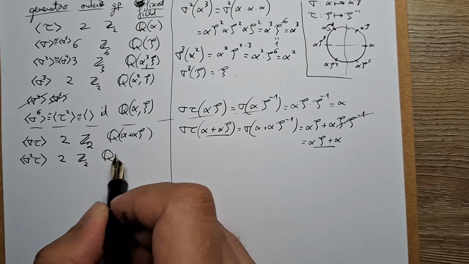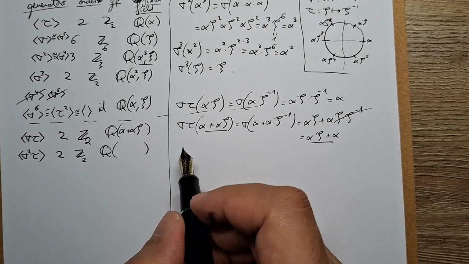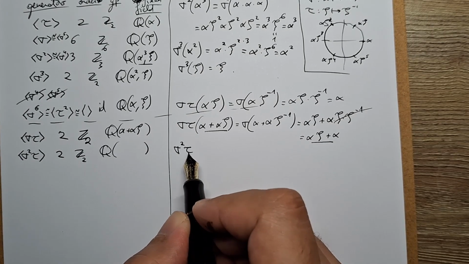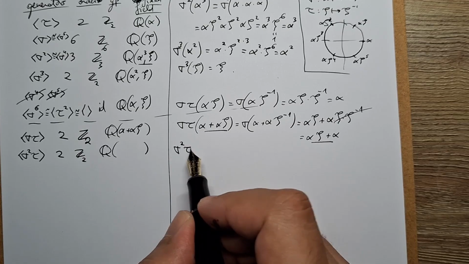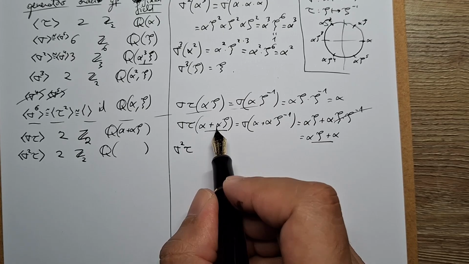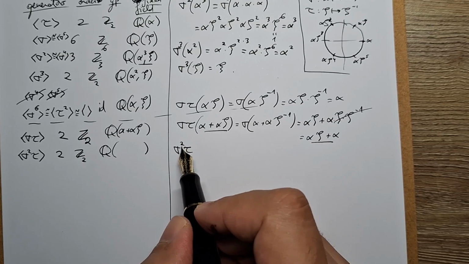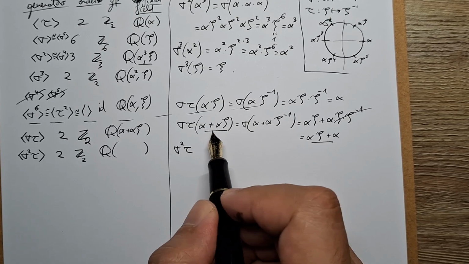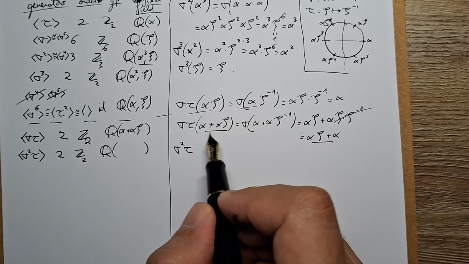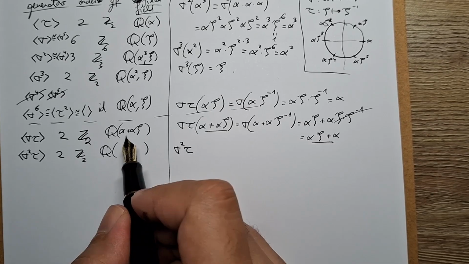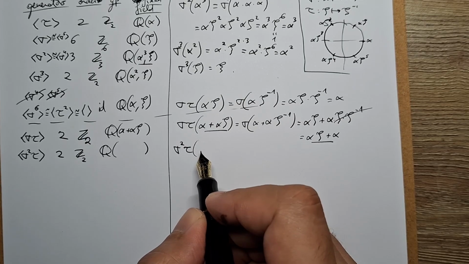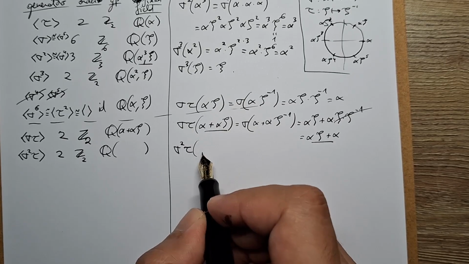Now, which is the fixed field of this? We are trying to find which element is unaffected by applying tau and then sigma squared. We know that when we were doing just sigma, this is the fixed field that we found. What we are going to try is, okay, what happens if we reuse the same element?